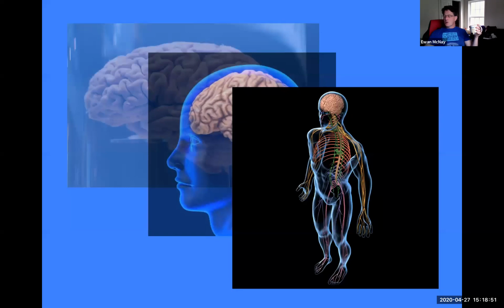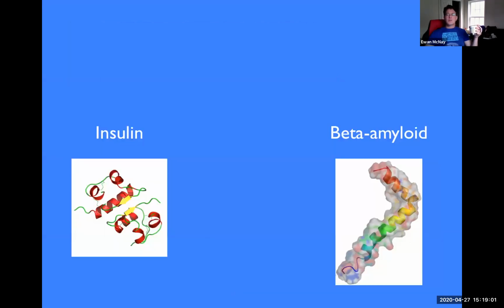The condition we're going to talk about today is brain metabolism as regulated by insulin signaling, beta amyloid, Alzheimer's disease, diabetes, that kind of stuff. These two basic molecules: insulin is the canonical blood glucose regulator. As we've seen, it gets glucose out of the blood into cells. Beta amyloid is the canonical Alzheimer's protein.